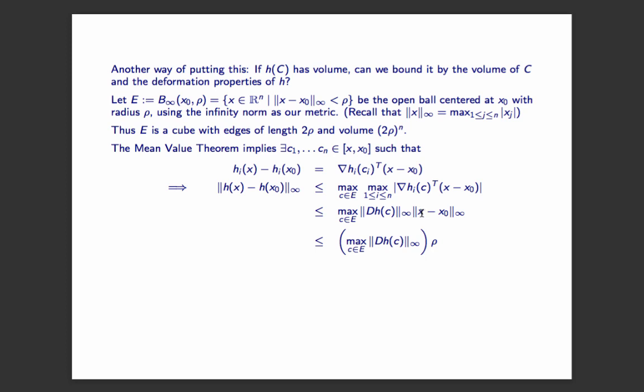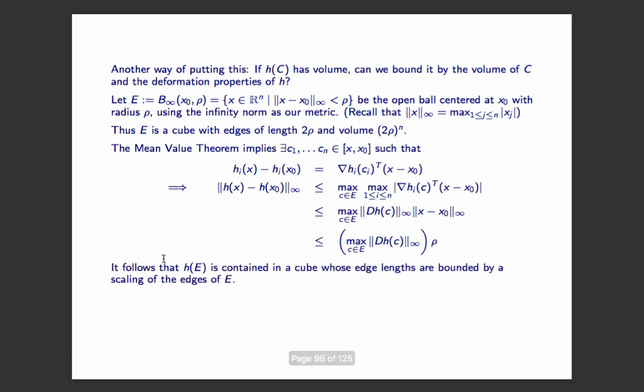And because X is inside of the infinity ball of radius rho, this difference is necessarily less than rho, because I'm assuming that X is inside of E. It follows that h of E is contained inside a cube whose edge lengths are bounded by specifically this. That is, they're bounded by a scaling of the edges of E.